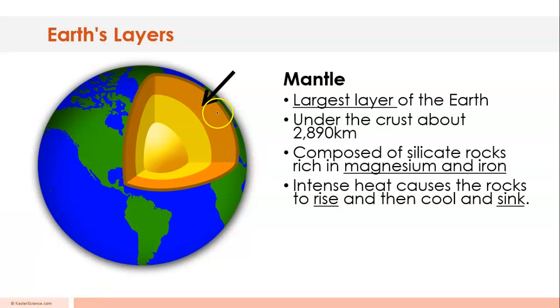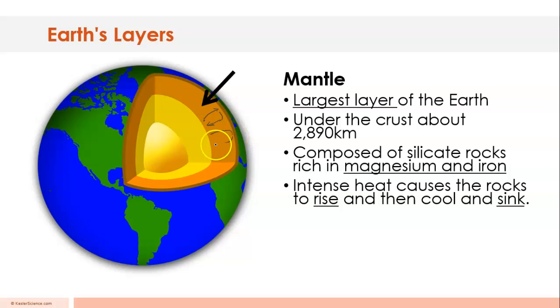We saw that the hot water rose to the top or stayed at the top. So as hot molten rock gets deeper into the mantle, it begins to rise. As it gets closer to the crust, it begins to cool down, and so it starts to sink back down again. And so it causes these currents of rock.